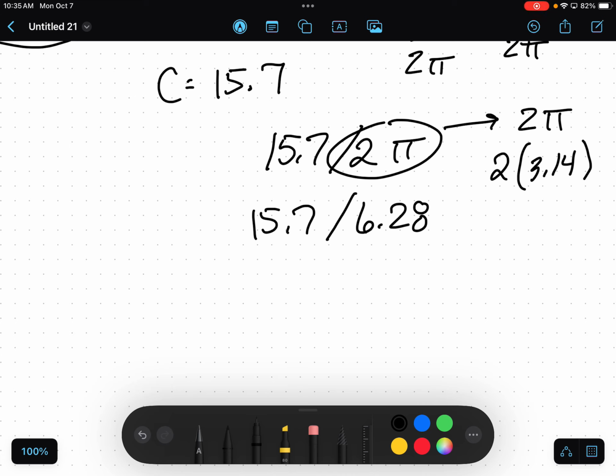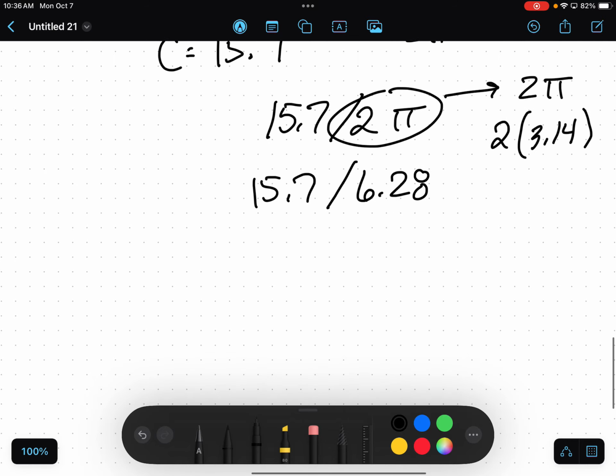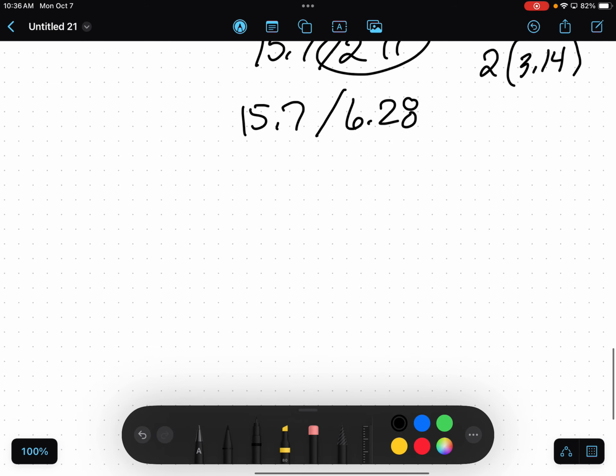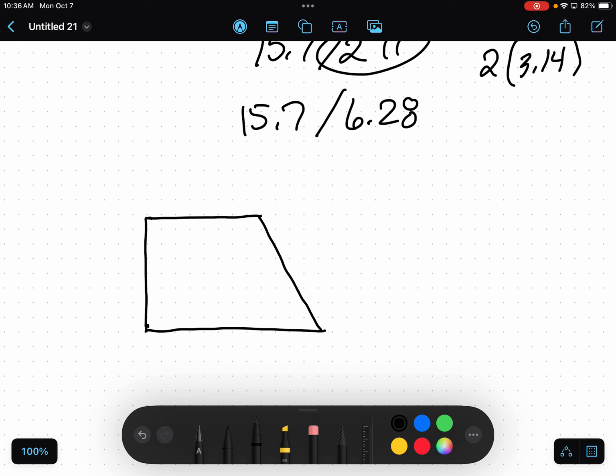Okay? I'm trying to think if there's any other shape. Trapezoid, that's the other one that you'll see today. A trapezoid could look a lot of different ways. But the main thing that makes a trapezoid is the fact that it has one pair of opposite sides that are parallel. And what it'll say is that the bases are 7 and 5, and it's a height of 3. Find the area.